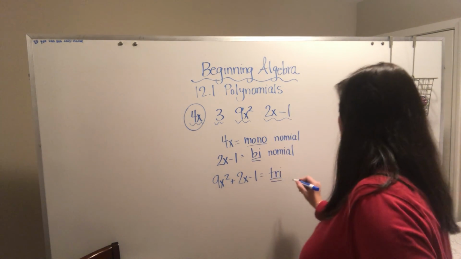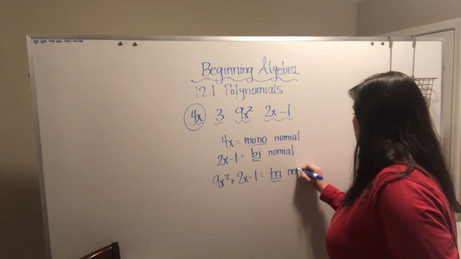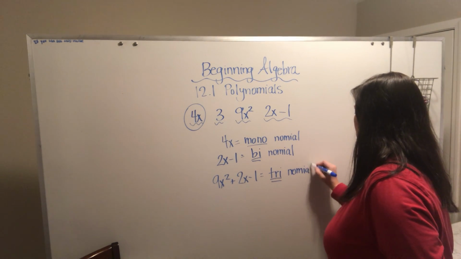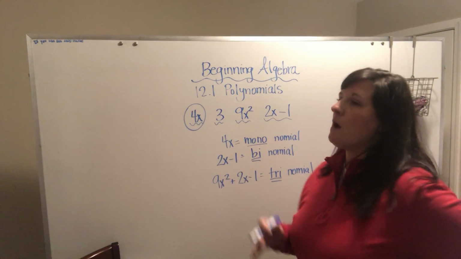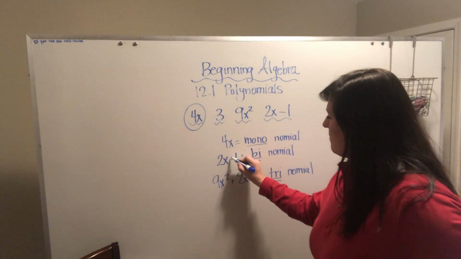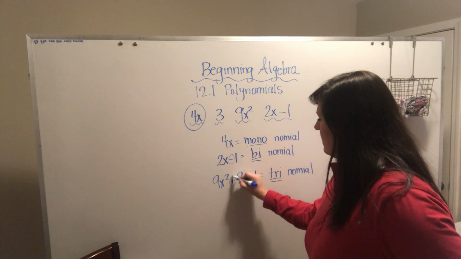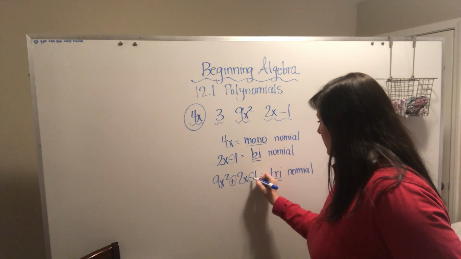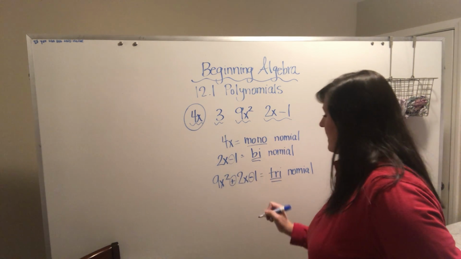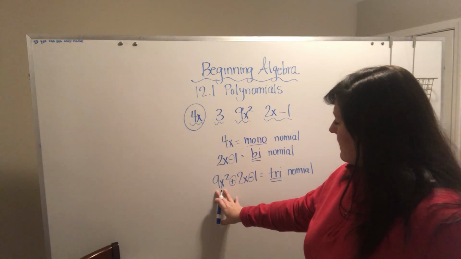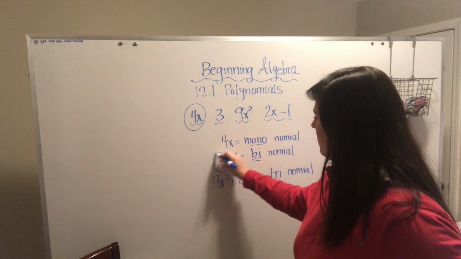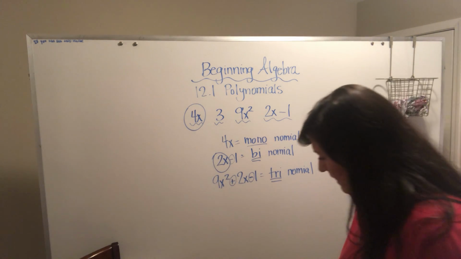So when they tell you to identify or label what kind of polynomial it is, this is what they're asking. How many terms are there? Remember, the terms are separated with operation signs: plus, minus, divided, okay? If they're together, that is all one term, like 2x.